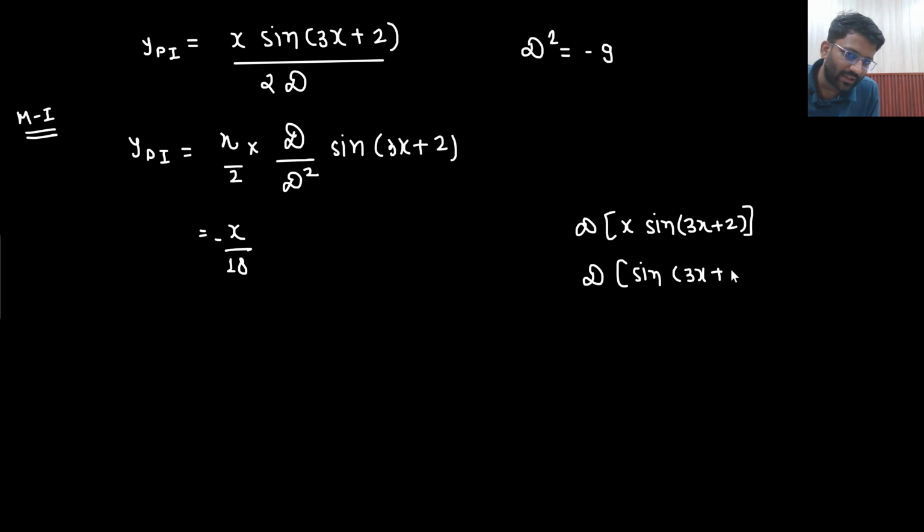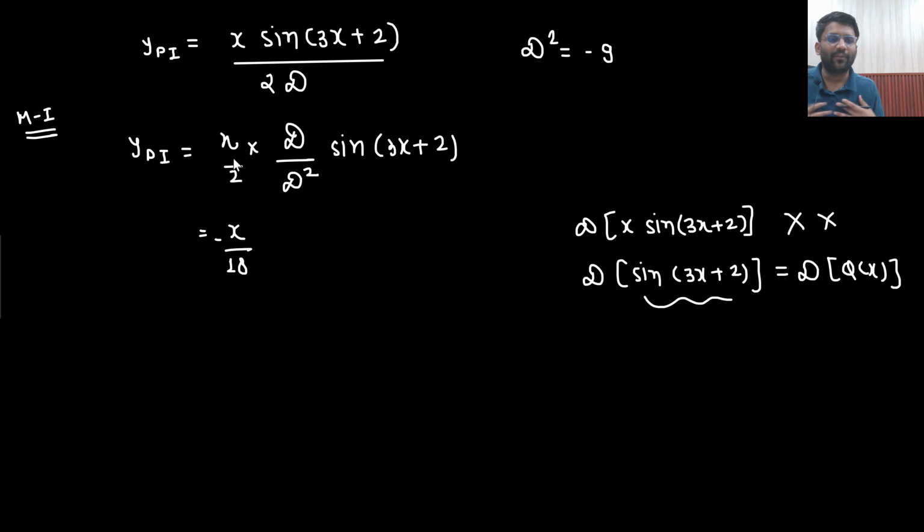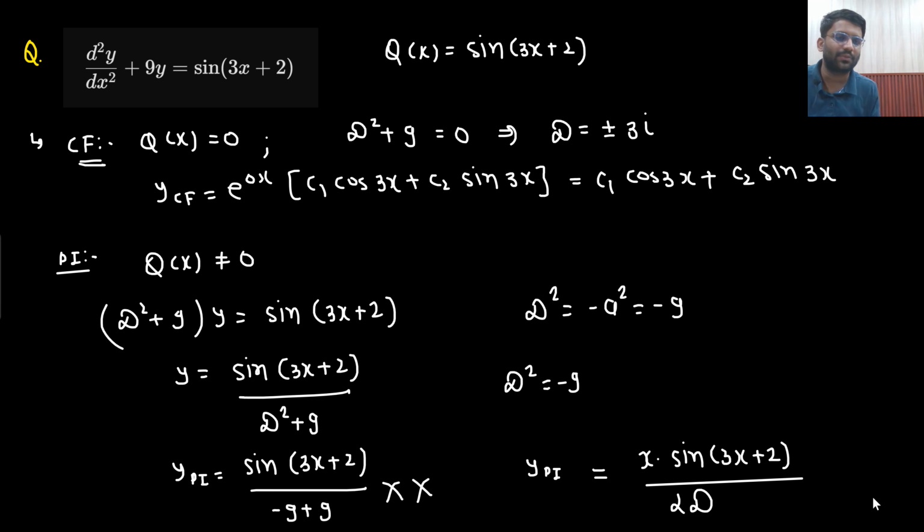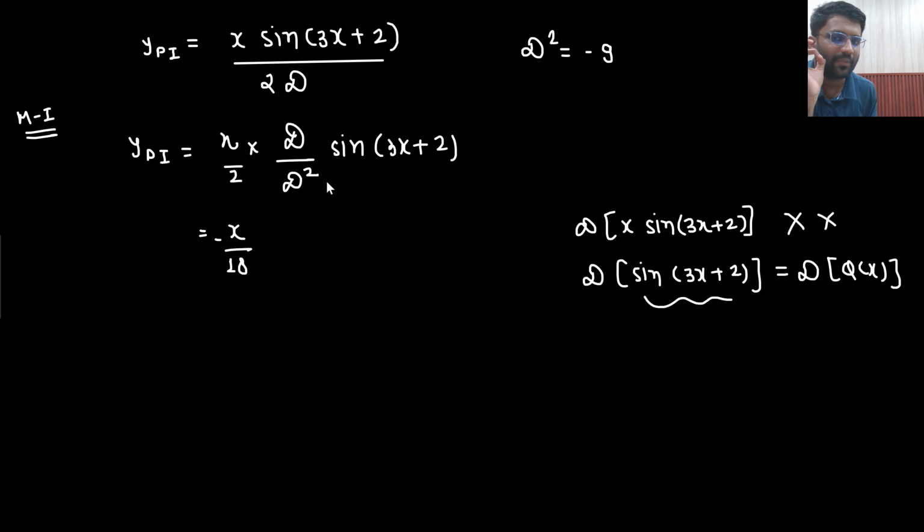The D operation will be performed only on Q of x. This x was multiplied from our end. Your Q of x was sine 3x plus 2, so the D operation will be performed only on the given Q of x. Is that understandable to you?